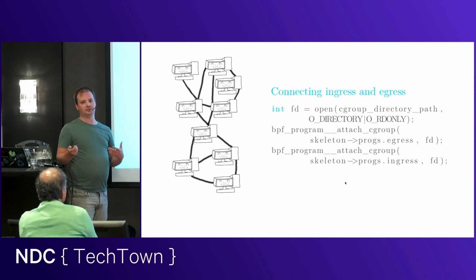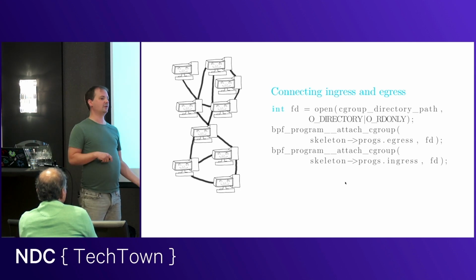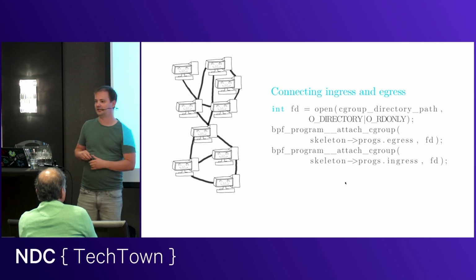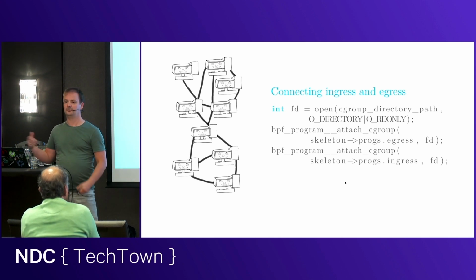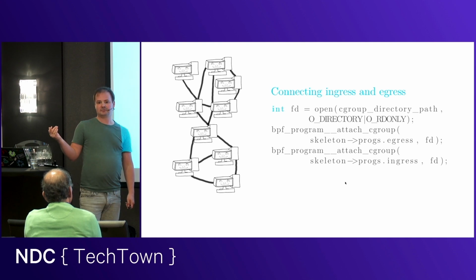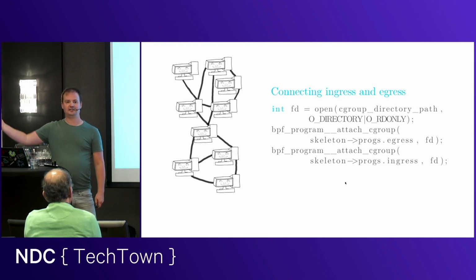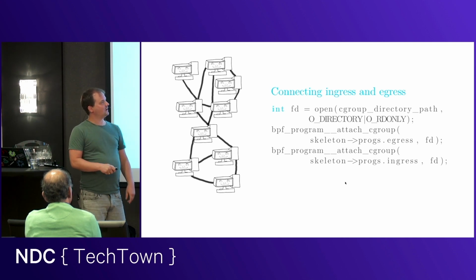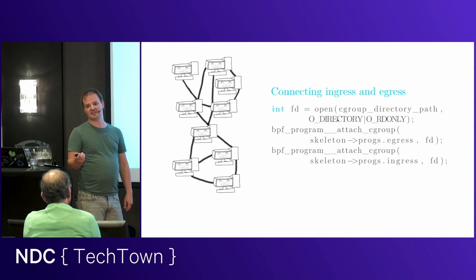So I mentioned how to attach a BPF program depends on what type of BPF program or what type of hook you're attaching to. With the trace points, it was pretty easy. With the skeleton, you just tell it to attach because it knows where to attach. But for Cgroups, you have to open a file descriptor to the Cgroup itself.